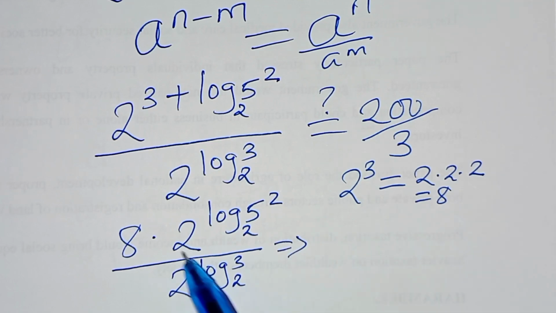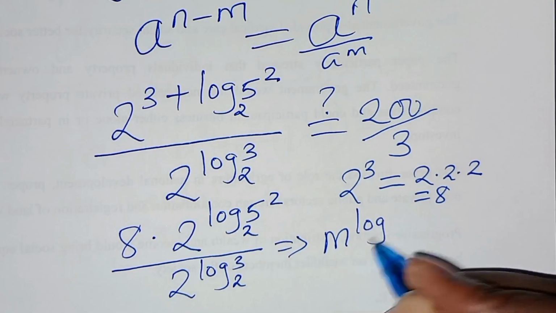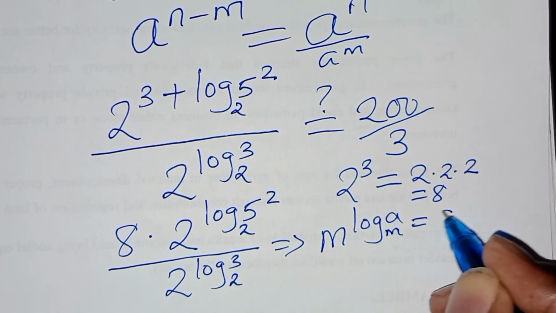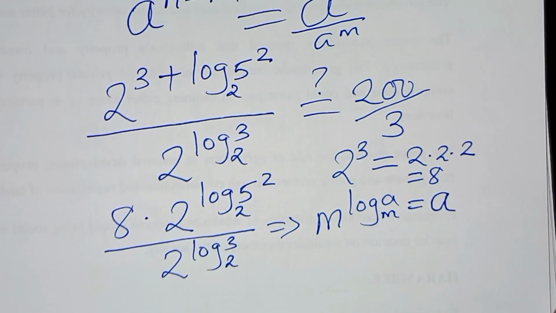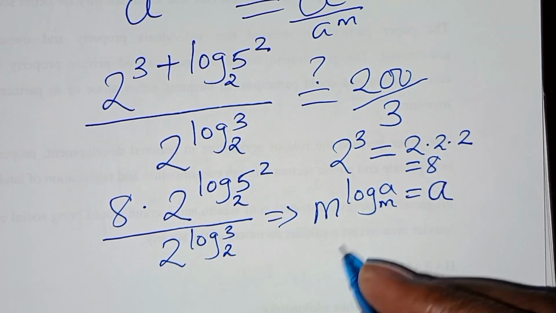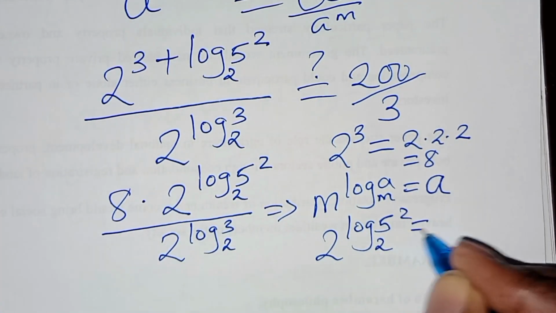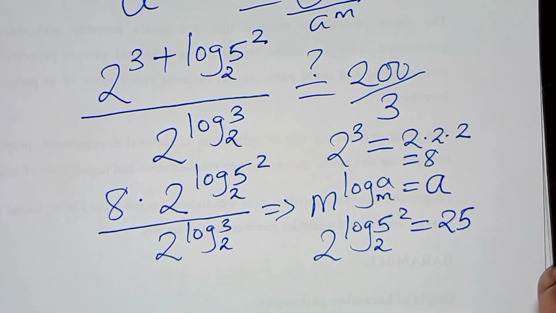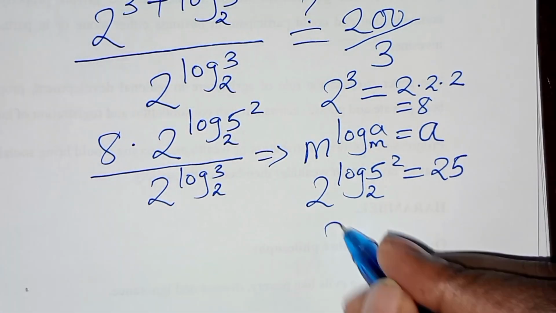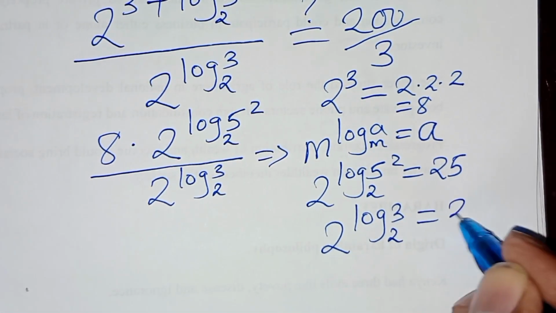Now 2 to power log 5 squared to base 2, this is in the form of m to power log a to base m, which essentially is supposed to give us a value of a. Now applying this logarithm property, then here we have 2 to power log 5 squared to base 2, this is the same thing as 25. And 2 to power log 3 to base 2, this is the same thing as 3.